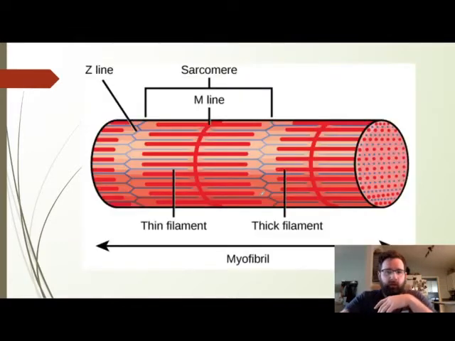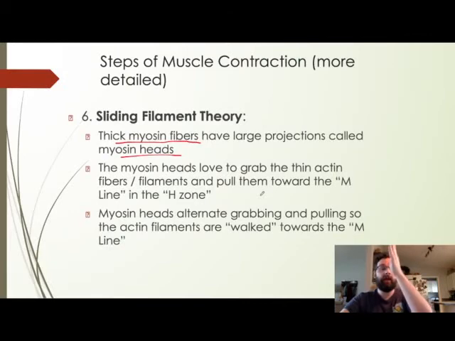Remember, the M line in the middle anchors the myosin, and the actin is going to be close to that myosin. The myosin is going to grab that actin and pull it, never push, towards that M line.